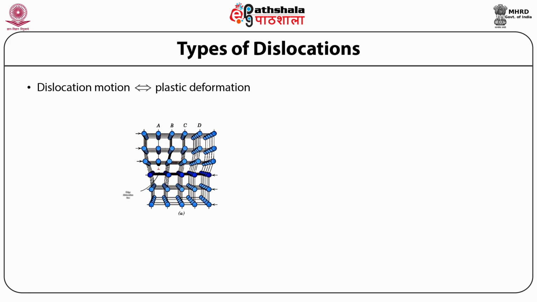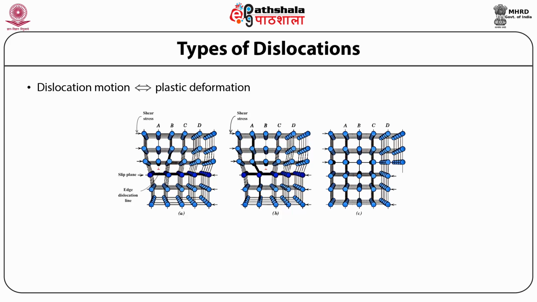Now let us study the relation of dislocation motion and plastic deformation. We can see the figure given below consisting of 3 parts.